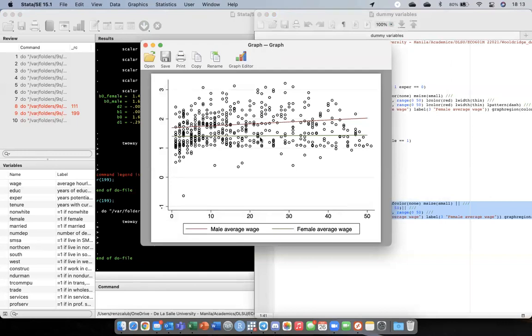So this is how the interaction term works. It basically demonstrates the change in the marginal effect between the two groups, in which case we see that the marginal effect of experience for males is higher than it is for females.